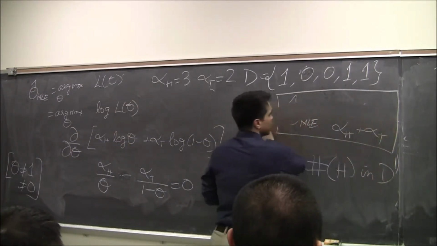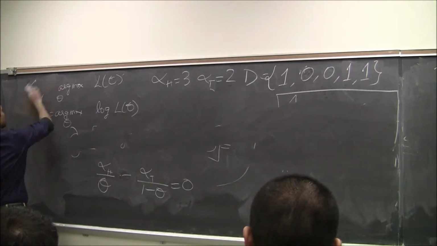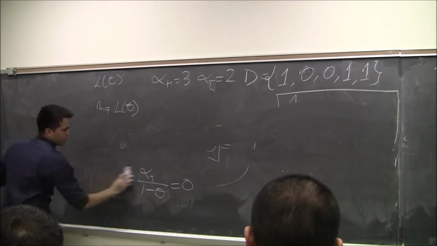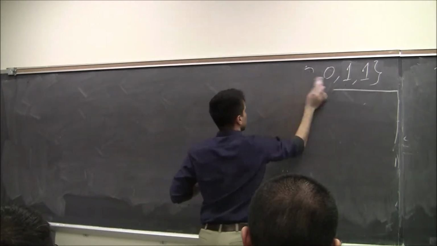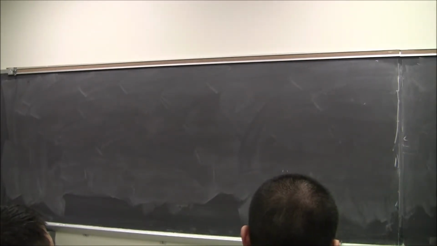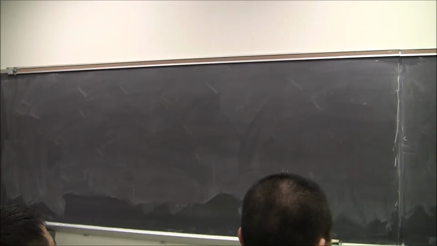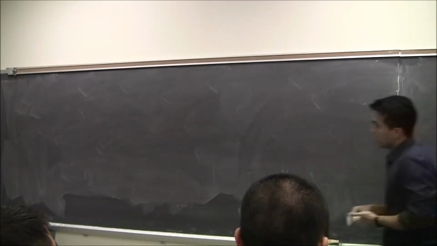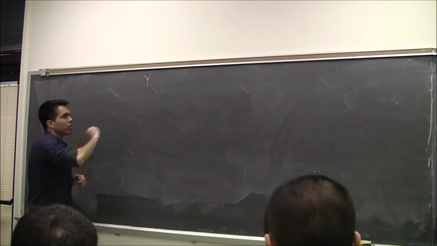All right, so here's what we're going to try to prove. What I'm going to consider is, let's say y is your random variable, and let's say it's discrete.